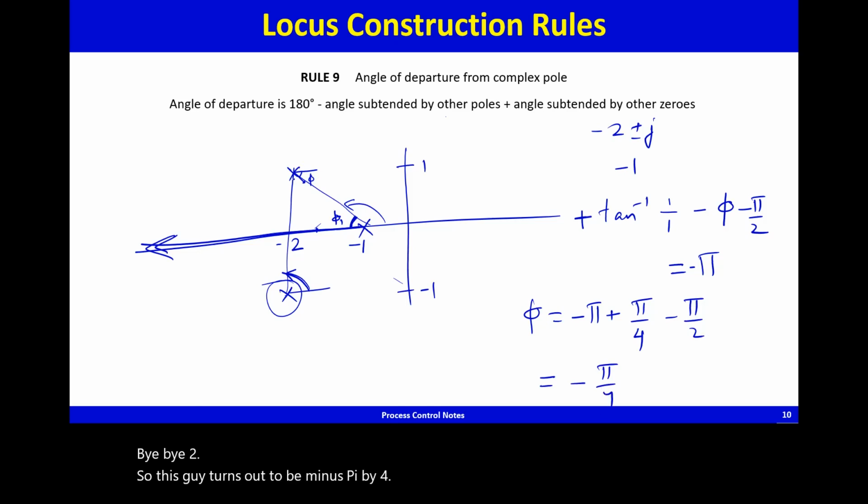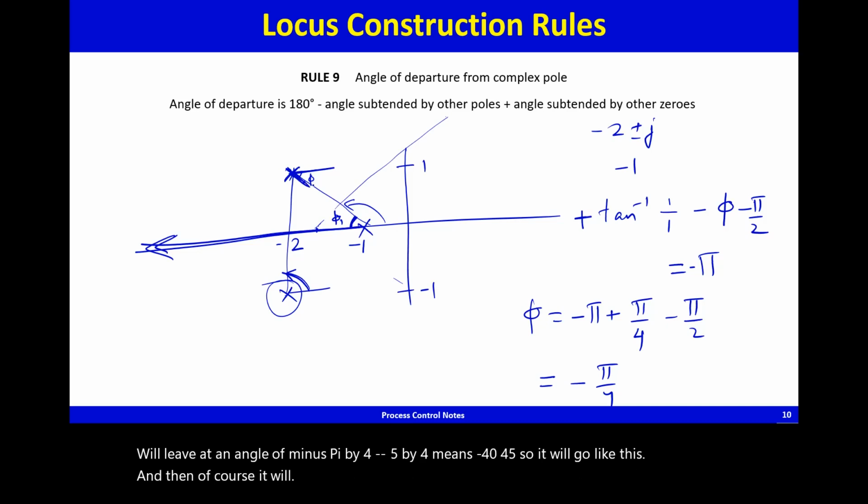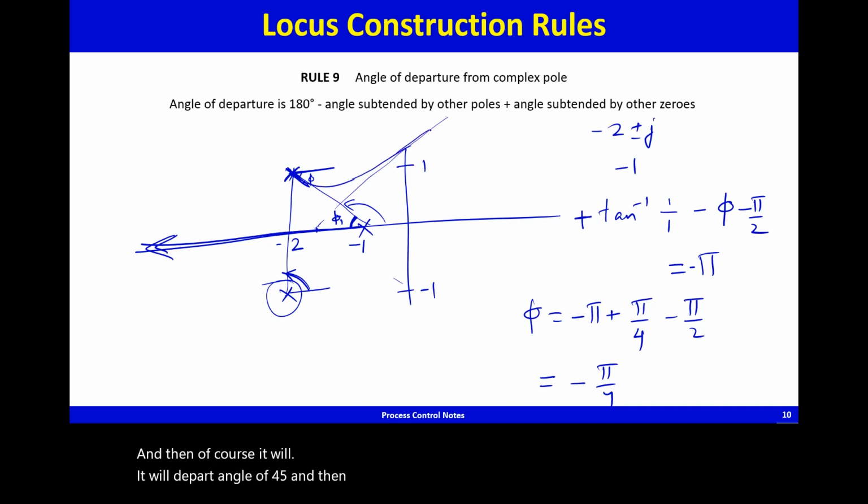That means the locus will leave at an angle of minus pi by 4. Minus pi by 4 means minus 45 degrees. So it will go like this, depart at an angle of minus 45, and then of course hit the asymptote.